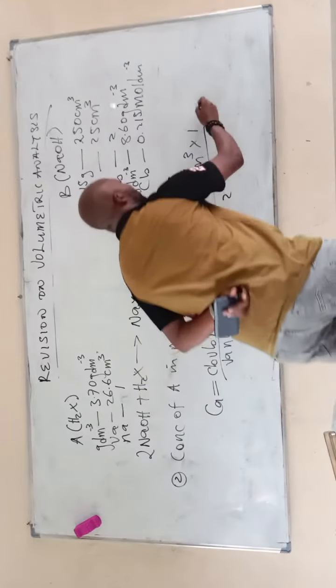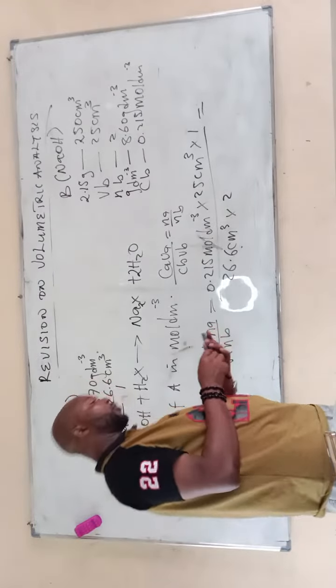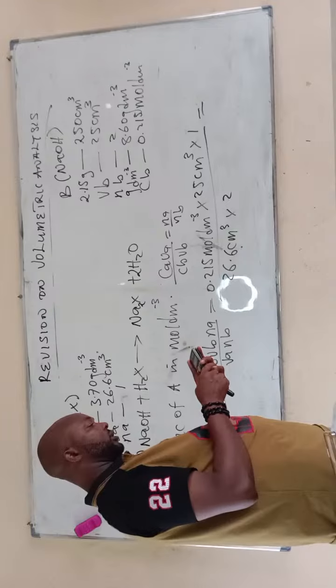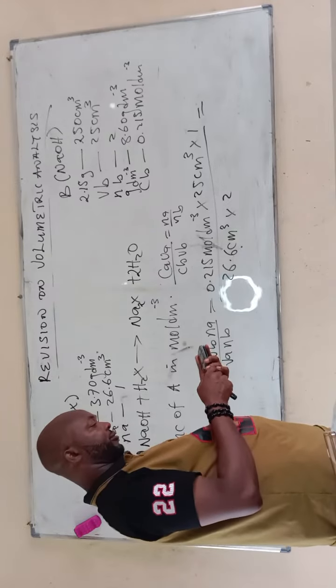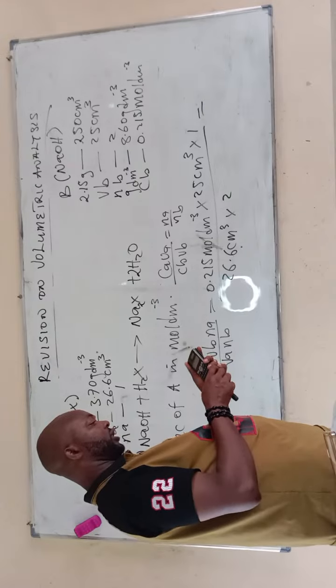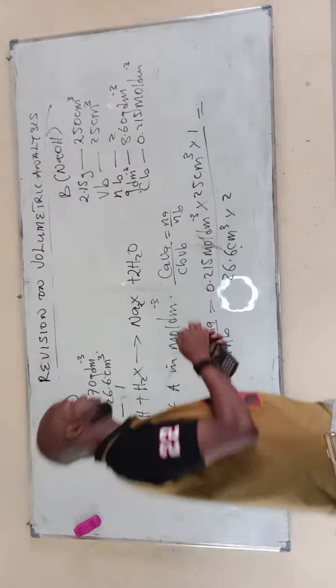So this equals, let's see, 0.215 times 25 divided by 26.6, and so there we have 0.101.